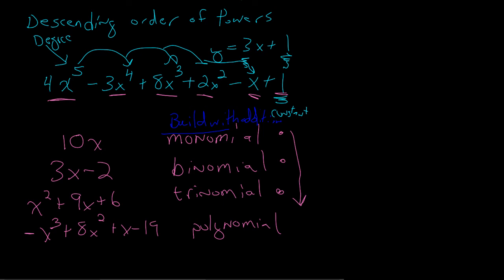And then our friend the trinomial is built from binomials built with multiplication. Builds with multiplication. So I can multiply binomials together to make trinomials. And polynomials are a combination of putting these together.